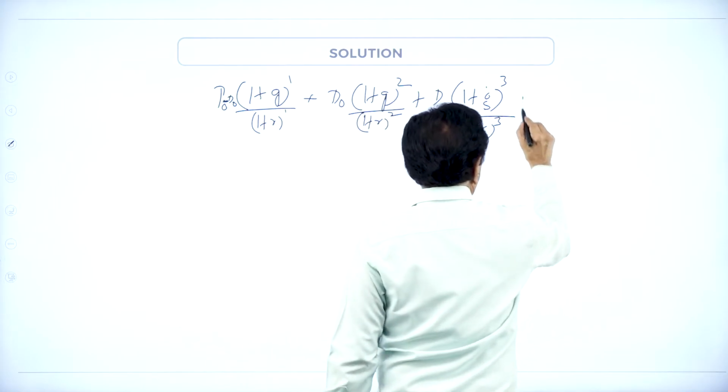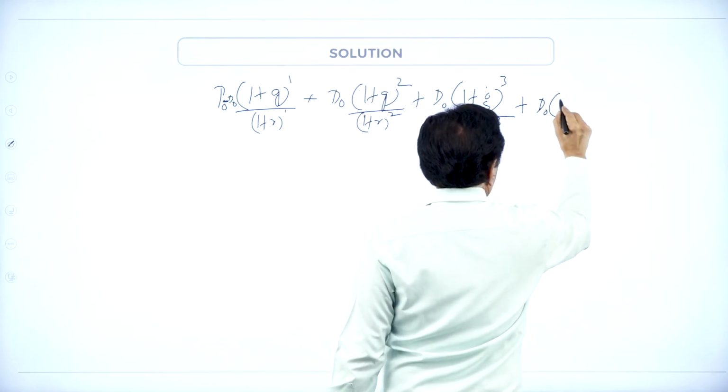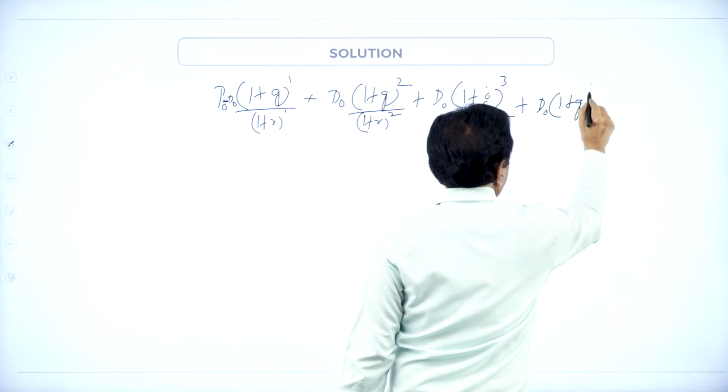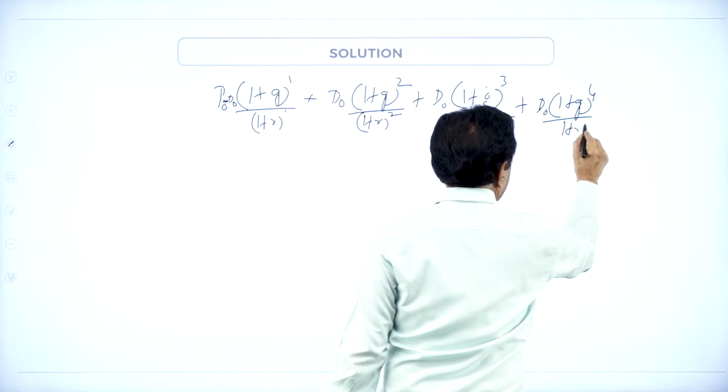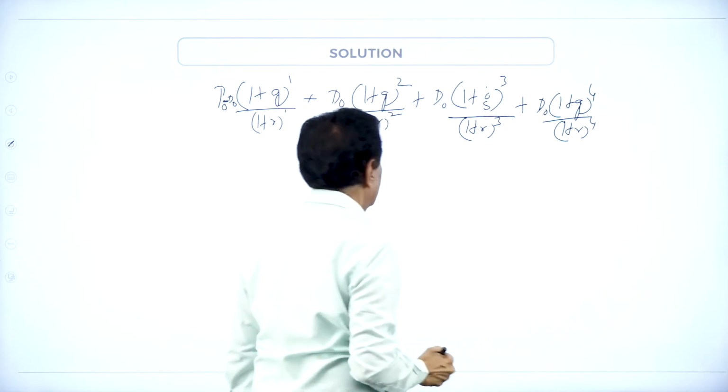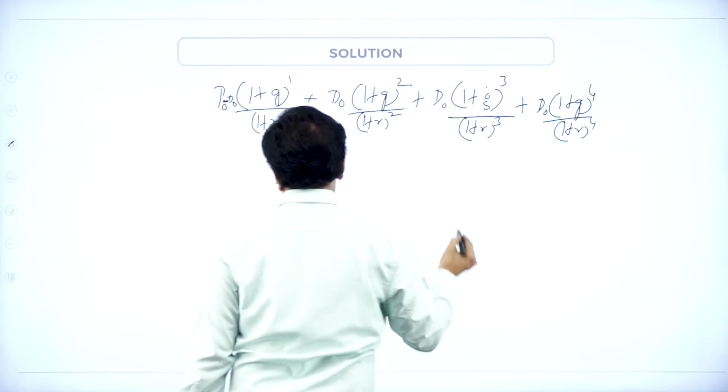You have to write 5 years, plus D0 into 1 plus g to the power of 4 divided by 1 plus R to the power of 4. Last one, 5th year.